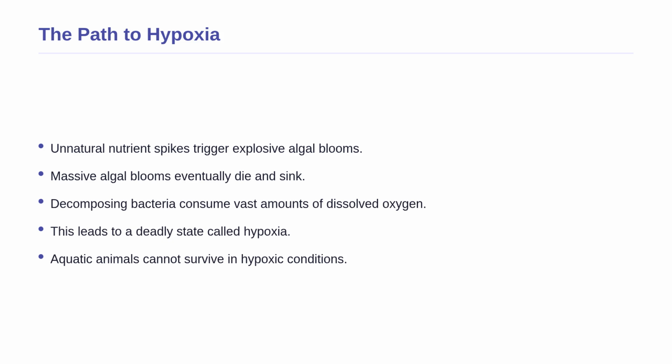Here is where the real damage happens. The bacteria that decompose this dead algae consume vast amounts of dissolved oxygen from the water. This rapid oxygen depletion leads to a deadly state called hypoxia. In a hypoxic environment, aquatic animals simply cannot survive, leading to massive die-offs.